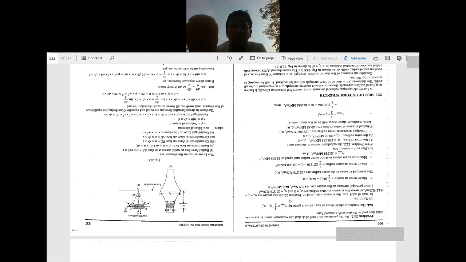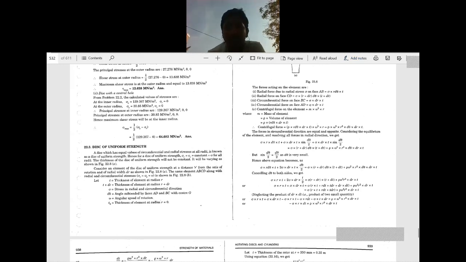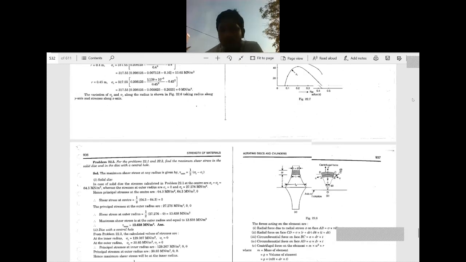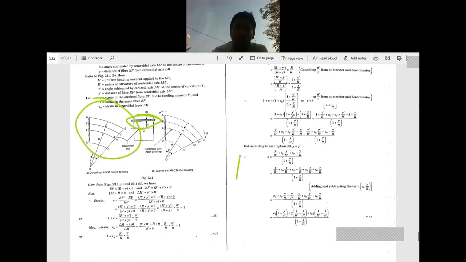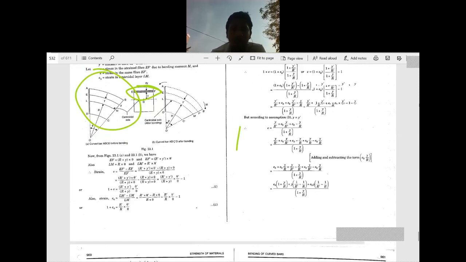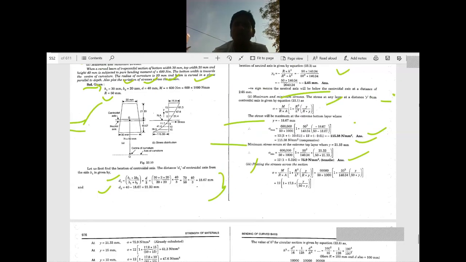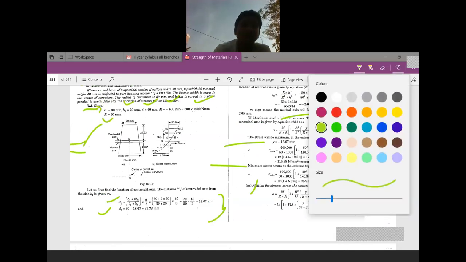Using this one, we are plotting the curve for this one. You plot the curve like this.